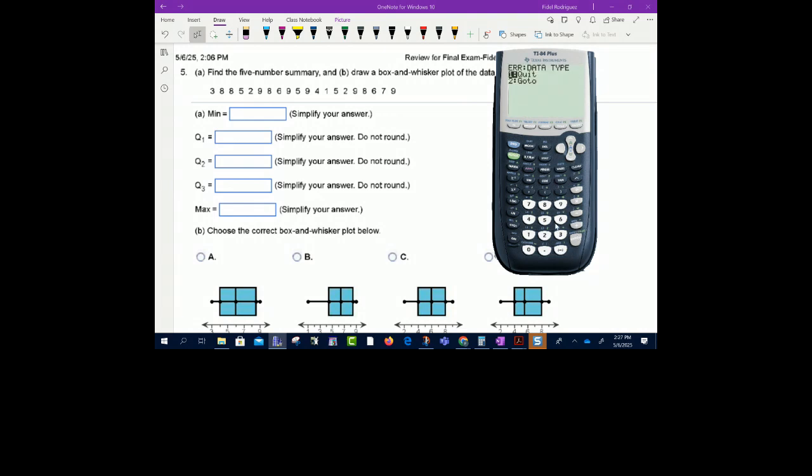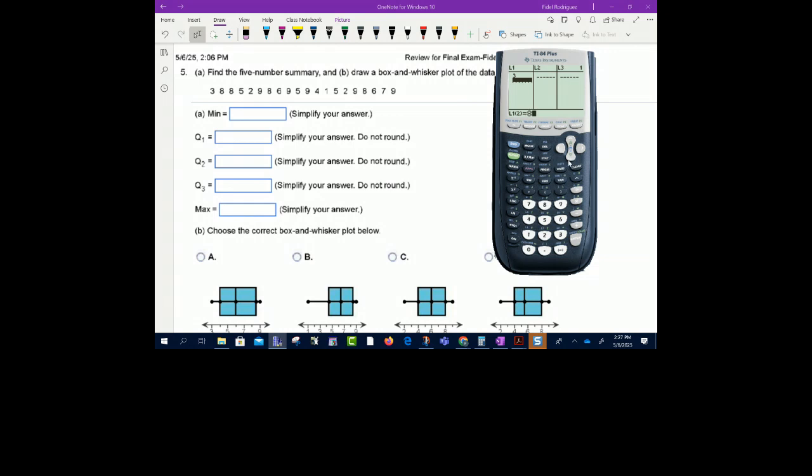Still not enter. Maybe it's 3. Why is this not working? Stat, edit, list. Let's try here, 3. There we go.